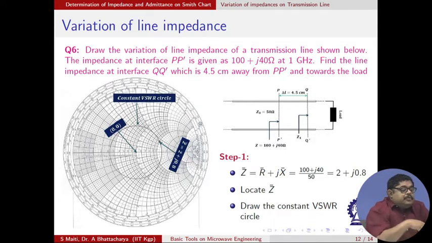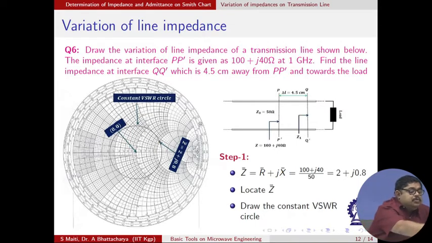So, the first step is what is given: at this interface, I am finding that the line impedance is 100 plus j40 ohm at, let us say, 1 gigahertz frequency.